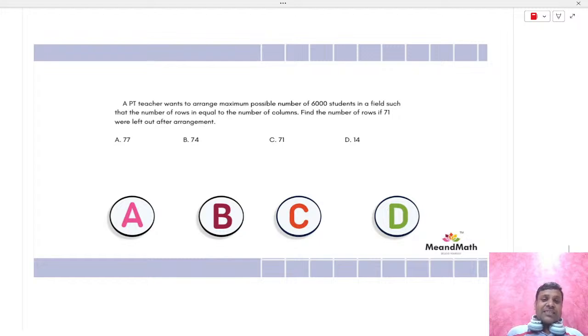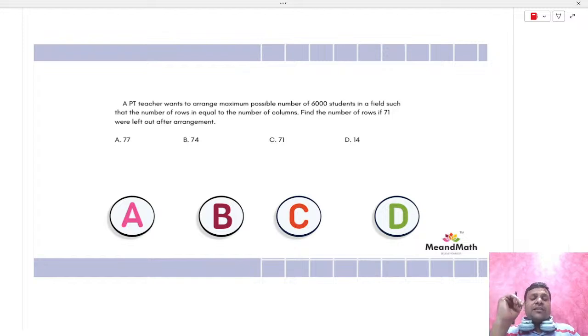So in a class, there are a total of 6,000 students. The PT teacher wants to arrange them in a square. What is the property of a square? In row and column, the number of students is the same. After arranging them in a square, 71 students are left. This means 6,000 is not a perfect square.